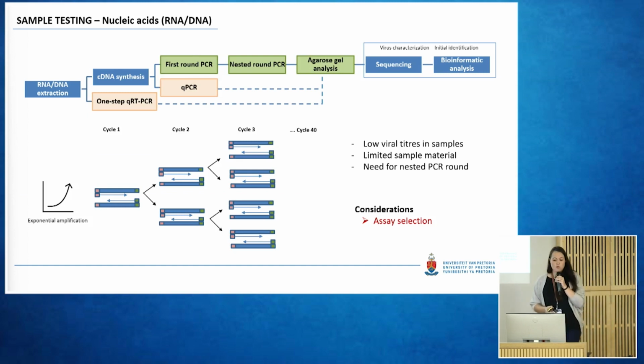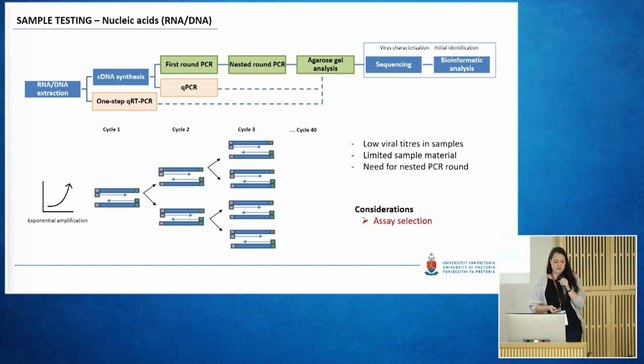Then for the assay, specifically PCR or qPCR, this will depend on your assay selection. In many instances, the viruses are present in the samples at low viral copies. So that's why we tend to use two rounds of PCR to try and amplify the virus.